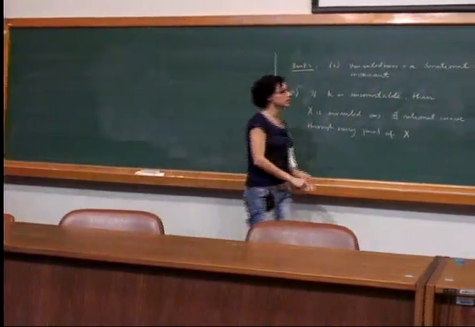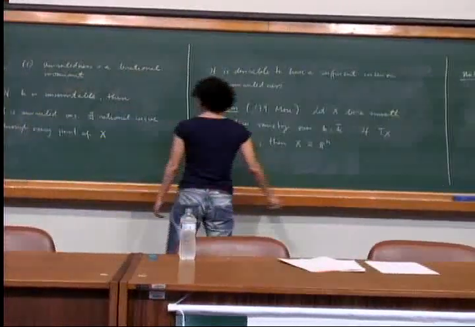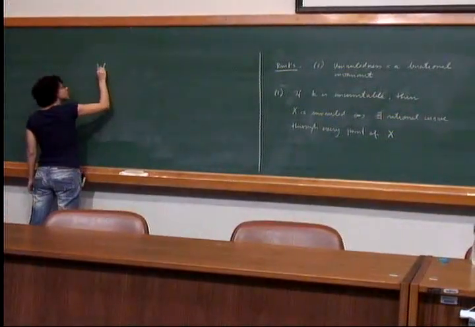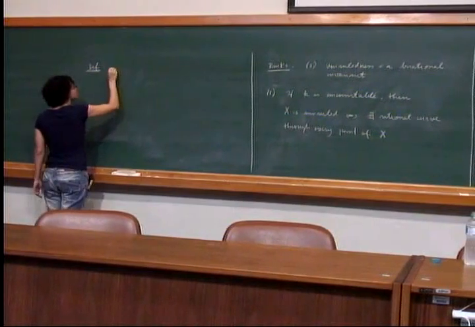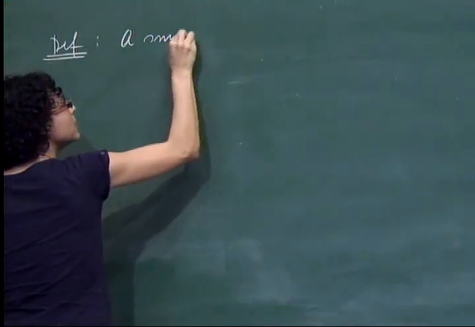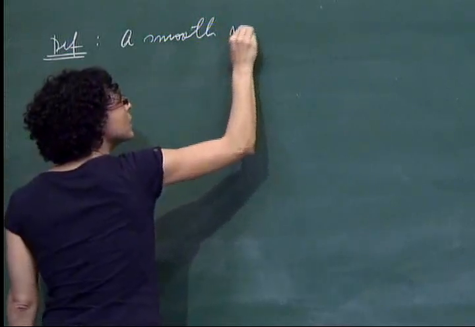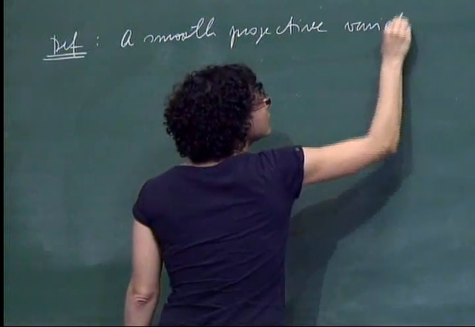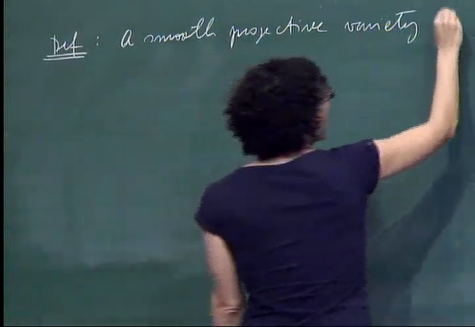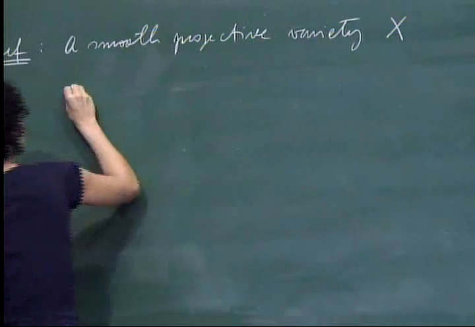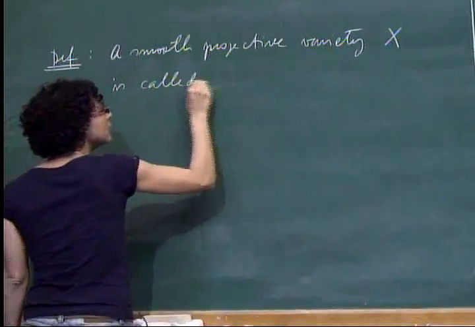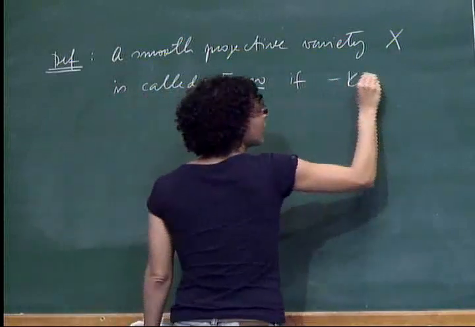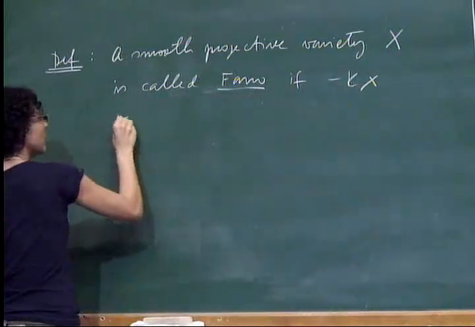Now this condition, the anticanonical class being ample, turns out to be a very important condition, and varieties satisfying this have a special name, so let me define them. A smooth projective variety X is called Fano if its anticanonical class is ample.